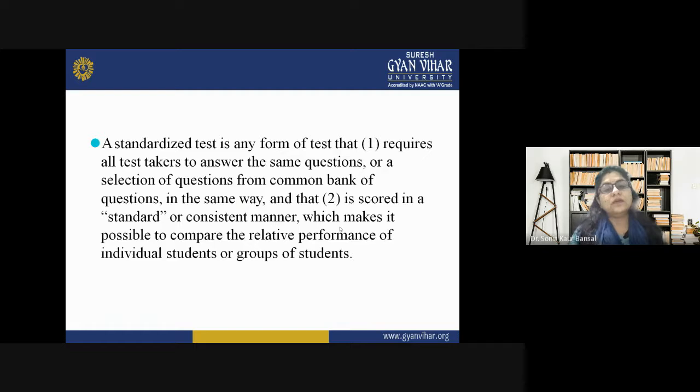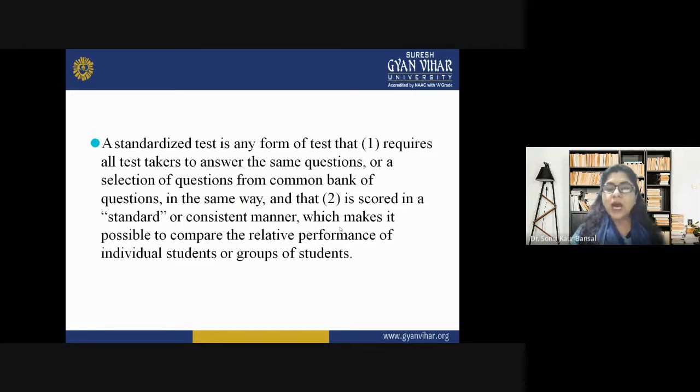So you will be asking the same questions to all the samples, or a selection of questions from a common bank of questions, and it is scored in a standard or consistent manner, which makes it possible to compare the relative performance of individual students or groups of students.